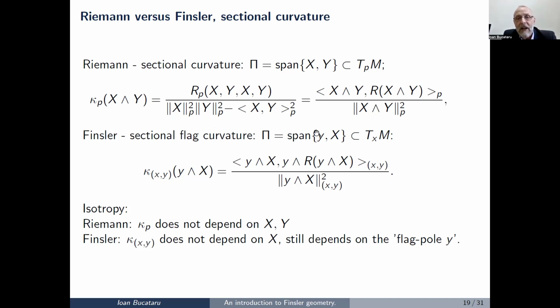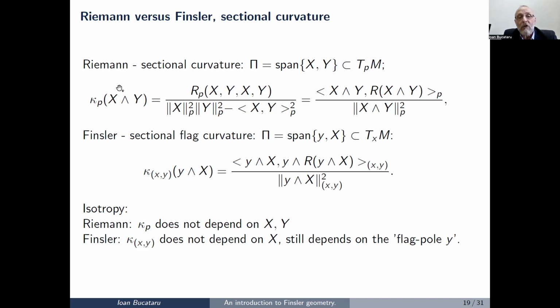This flag here stands for, at each point x, I fix a y, a direction, and then I consider the plane generated by y and x. So we define the flag curvature at each x, y in TM and in the direction of this two plane in this way.